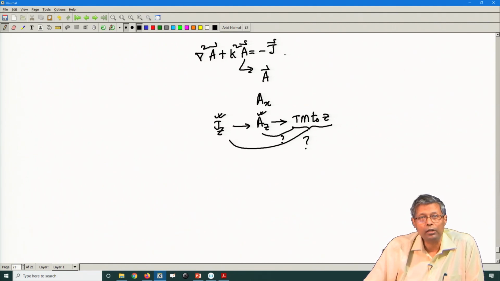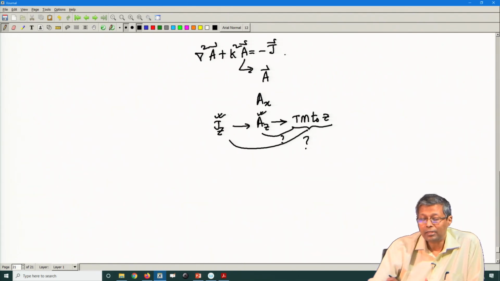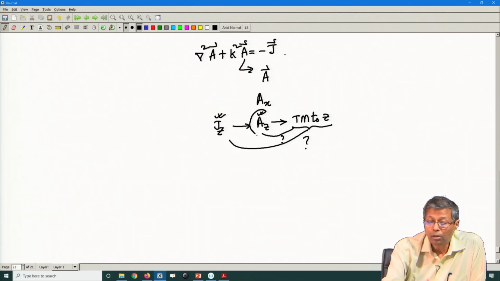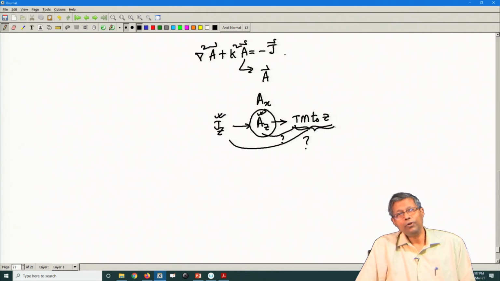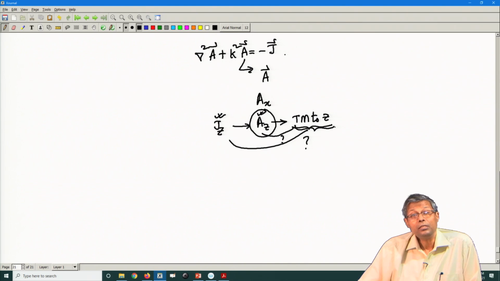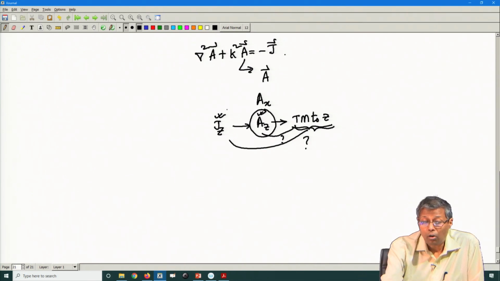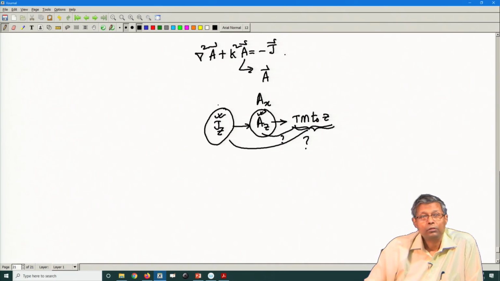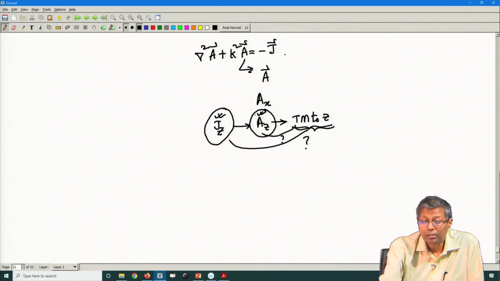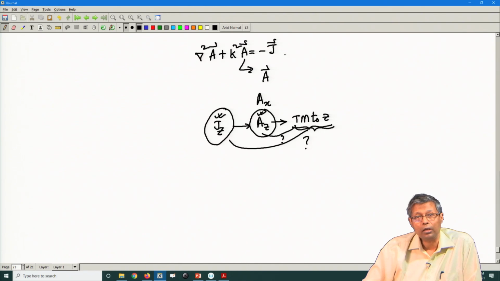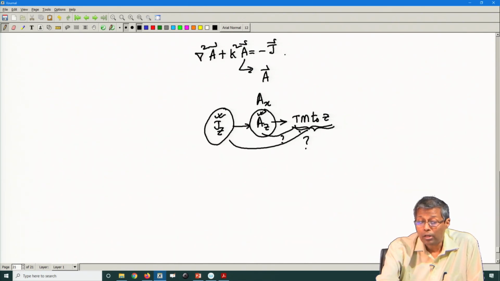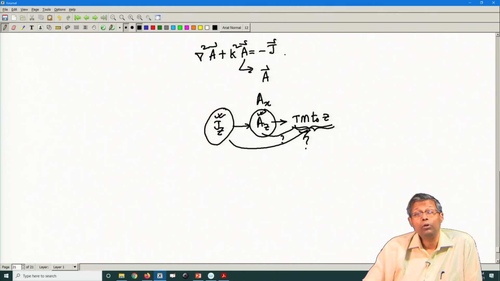We will come to that later on, but the most important thing to appreciate at this point is that there is a linkage between the direction of A and the type of mode. Why is this significant? This is significant because given a direction of J, I know it will excite a particular orientation of A, and I know a priori that this kind of mode is going to be generated.